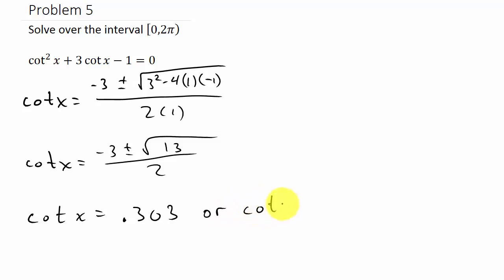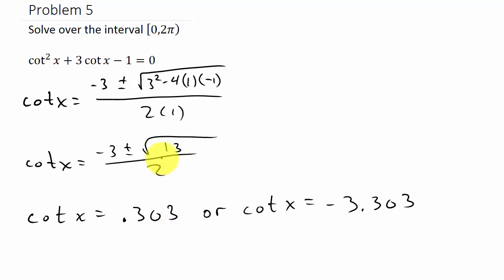Or I get cotangent x is equal to negative 3 minus the square root of 13 divided by 2, and that is negative 3.303. Okay, so that's cotangent.